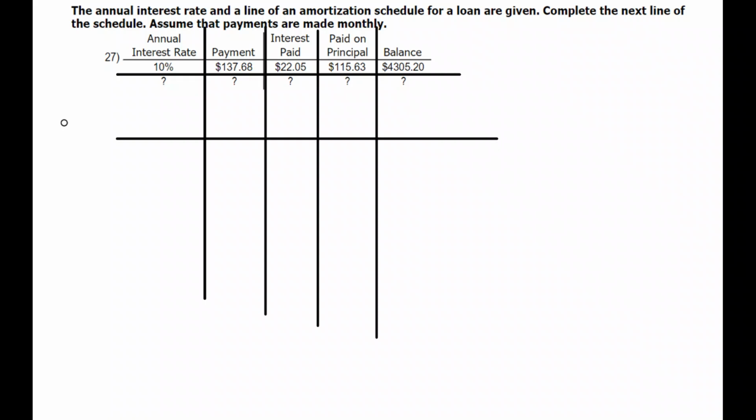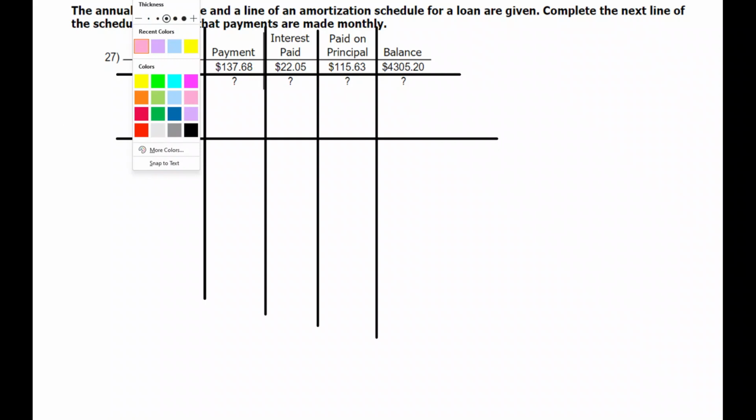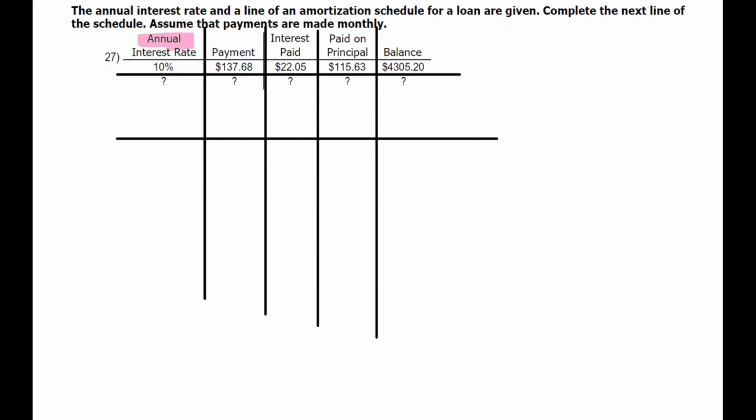Okay, I told you in class that the annual interest rate here of 10%, that never changes. It's going to stay 10% for as many lines on this table as you would use. So right here, this would be 10%. Let me fill the rest of that in because I just like things to look pretty.